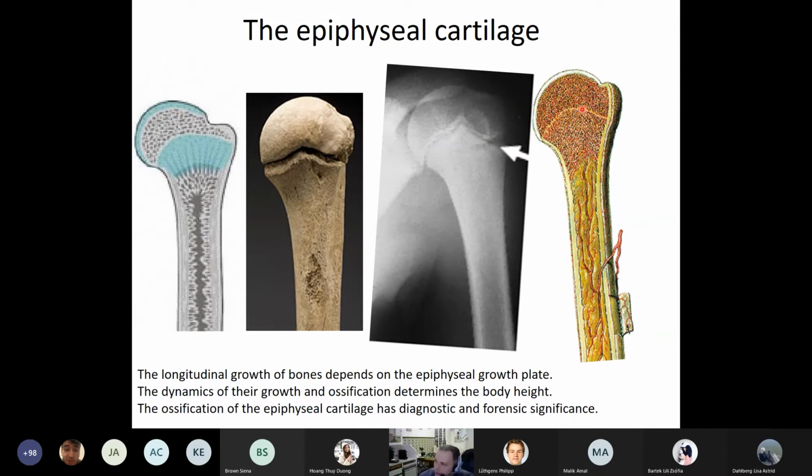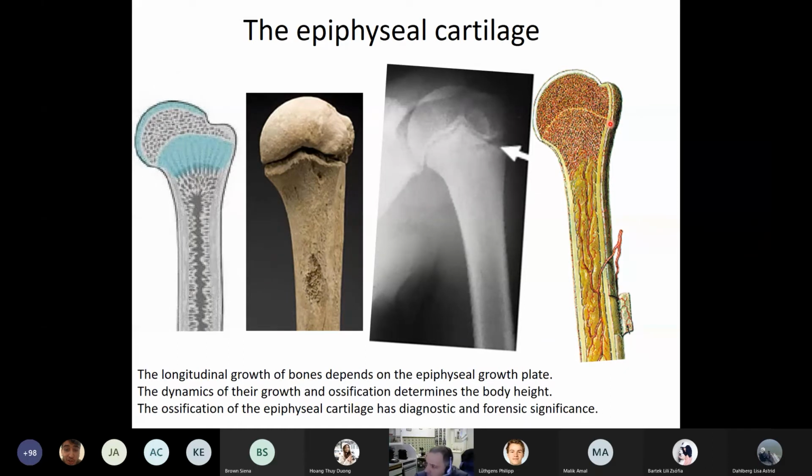Importantly, with age, this epiphyseal plate or epiphyseal cartilage will get smaller and smaller. It is variable at what time, and it also depends on the bone, but the latest to close is the proximal epiphyseal plate of the humerus. After the ossification of this cartilage, the longitudinal growth of the bone is not possible anymore.